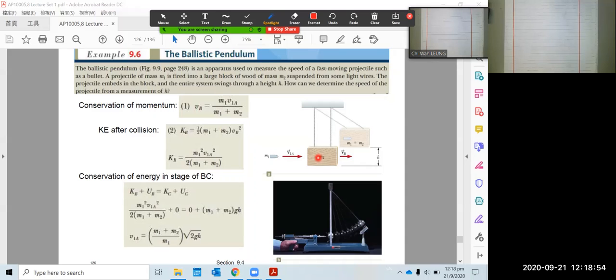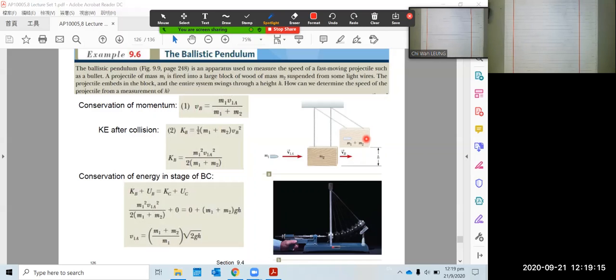After the collision, the bullet plus the block would have kinetic energy, so it would swing upward. This would bring about a change of the mechanical energy from kinetic energy into gravitational potential energy.